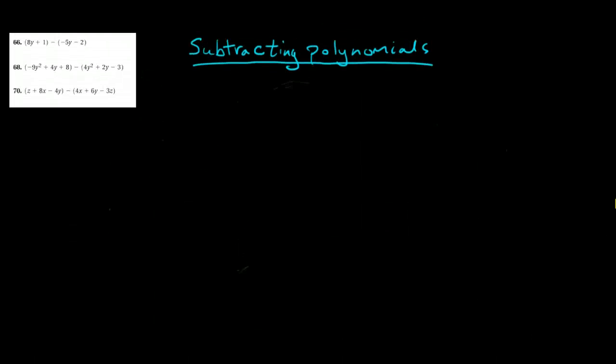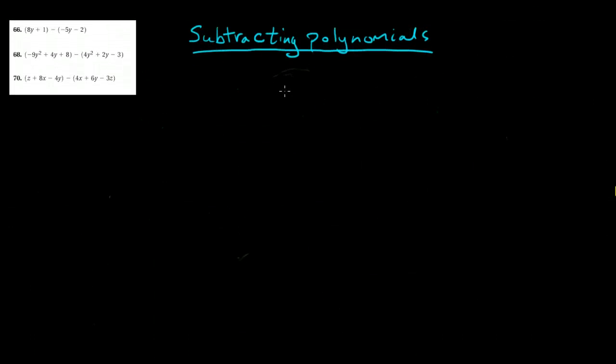So let's take a look at subtracting polynomials now. What happens when I subtract polynomials? Well, let's start with the quantity 8y plus 1, and we're going to subtract from that the quantity negative 5y minus 2.